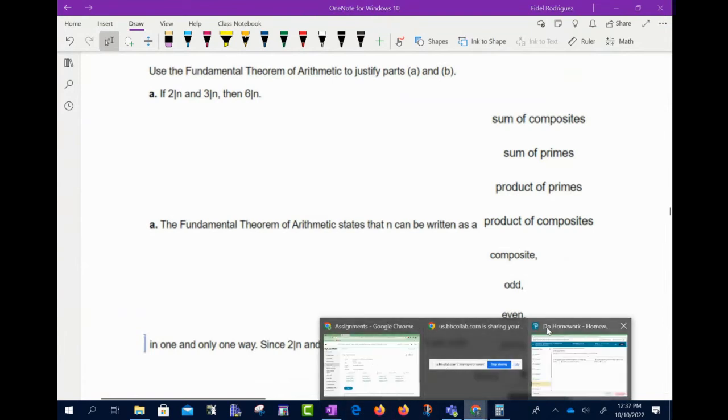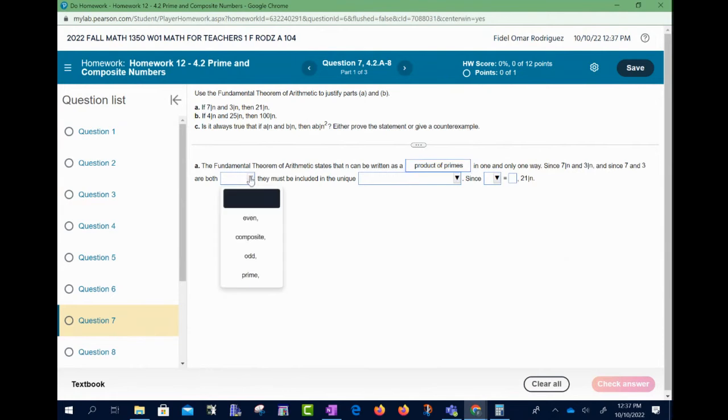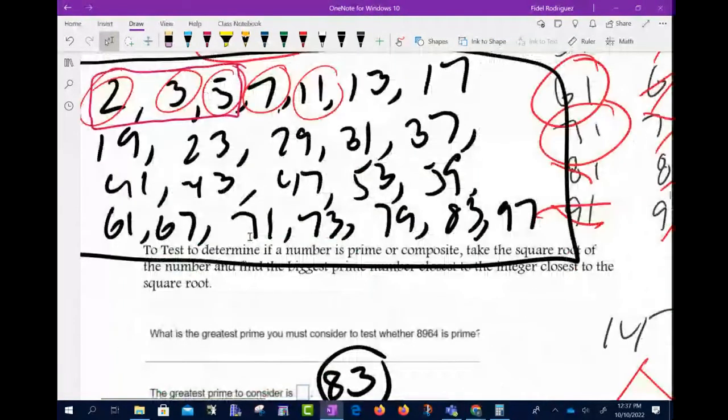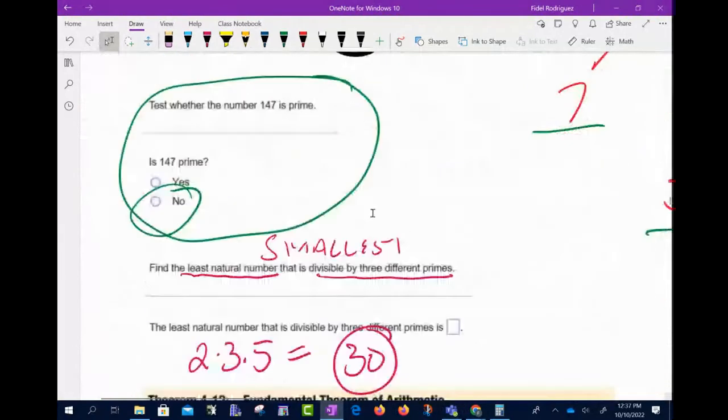So I just figured it's easiest to do it this way. So this is going to be a product of primes in one and only one way. And since 7 divides n and 3 divides n, and since 7 and 3 are both what kind of numbers? They're both prime, right? How do I know they're both prime? Because both of those numbers, y'all, are in my list right here, 3 and 7, right? Those are my prime numbers, okay?